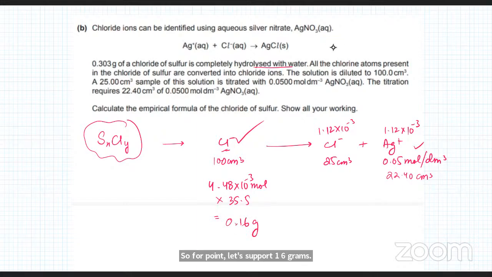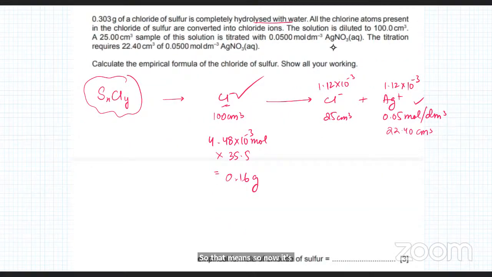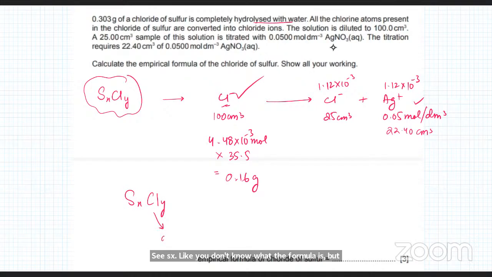So now it's an empirical formula question. SxCly, you don't know what the formula is, but you know that Cl is 0.16 grams. He's given you the total mass of the chloride of sulfur at the top, 0.303. So subtract 0.16 out of it.